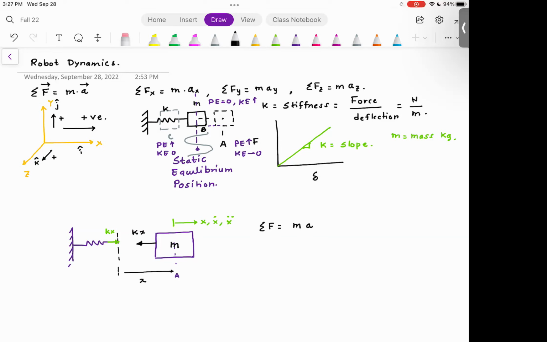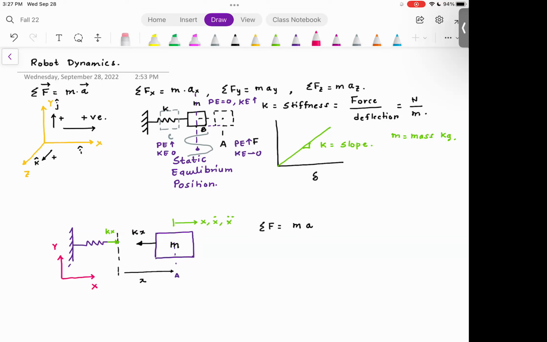Now please understand, and this is very important, never ever forget this: coordinate systems are super important when you use Newton's law. That could be an advantage or a disadvantage. Why is it an advantage? It is an advantage because if the problem is simple, you can just write the equation of motion, something like looking at the system dynamics.